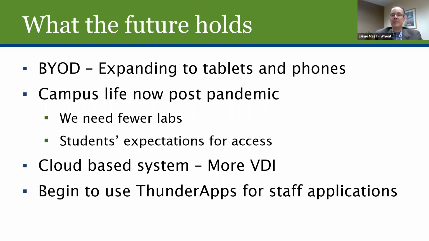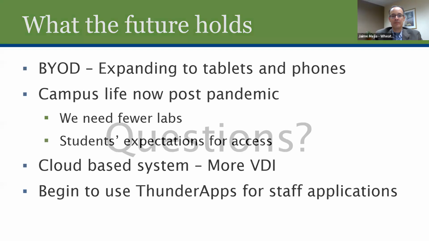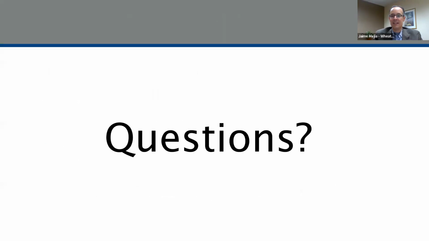So our goal is, if we need to have labs set up here on campus, we can make it available, but also making sure that we are using this resource, Thunder Apps, as our main resource to provide the resource that we provide. And that's it.